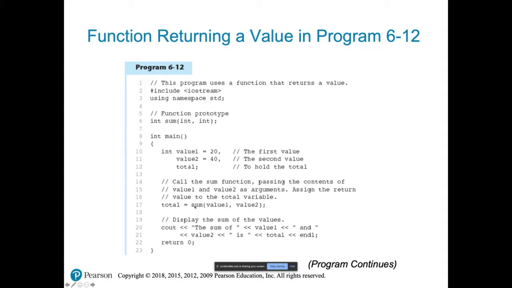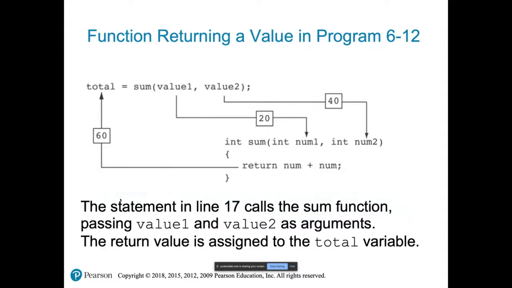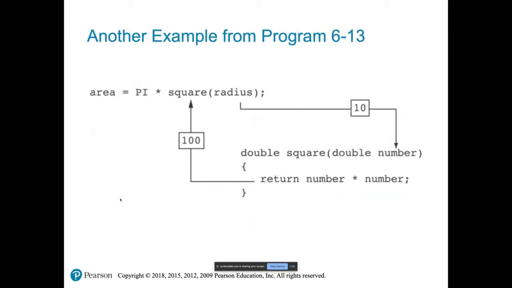So they're taking back the return value from sum and putting it into total. And here's just another example: double square, take a return value, number times number.